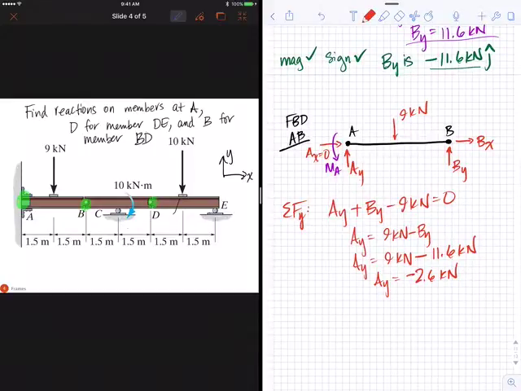Again, the magnitude is correct, but the sign is going in the wrong way. Ay should actually be pointing down. And so that means this will be a negative. So the magnitude is correct. The sign is wrong in terms of this arrow here. This arrow should be pointing down. And so when you put it into PrairieLearn, you should be getting Ay is equal to a minus 2.6 j hat.